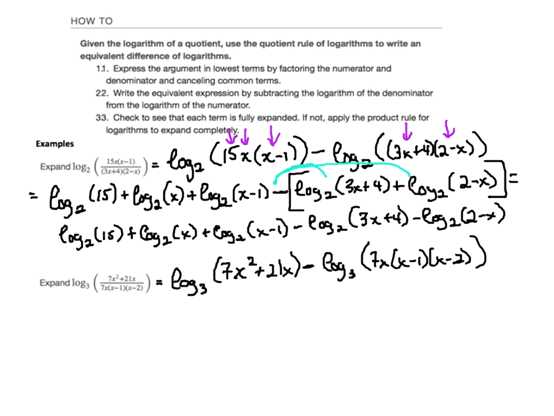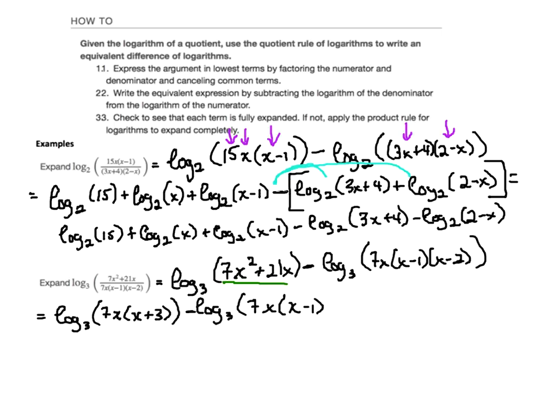I can factor what's on the inside here, so that's the next step I'm going to take. This is log base 3 of, I can factor out a 7x, and I'm left with x plus 3. And that's being subtracted by log base 3 of 7 times x minus 1 times x minus 2.